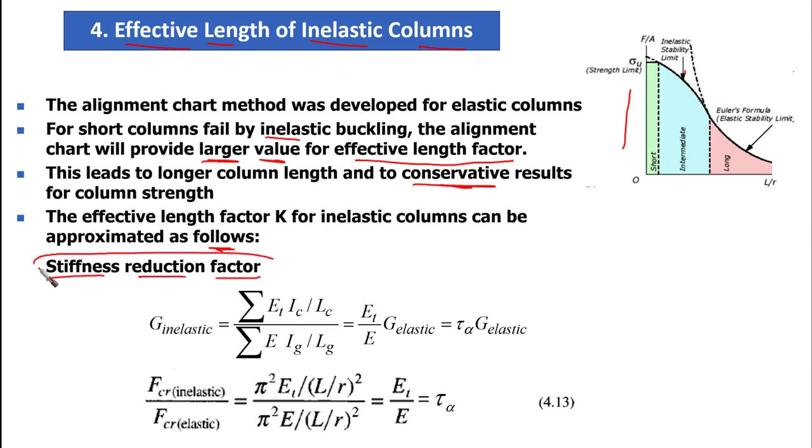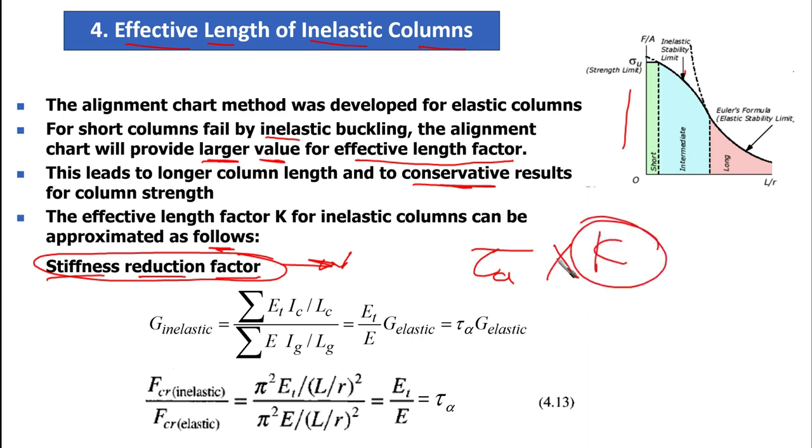This stiffness reduction factor is going to multiply the effective length factor in order to reduce it. So we're going to use something called tau A, for example, and multiply it by our K, which is the elastic effective length factor, and that's it. This is how we can overcome this problem.